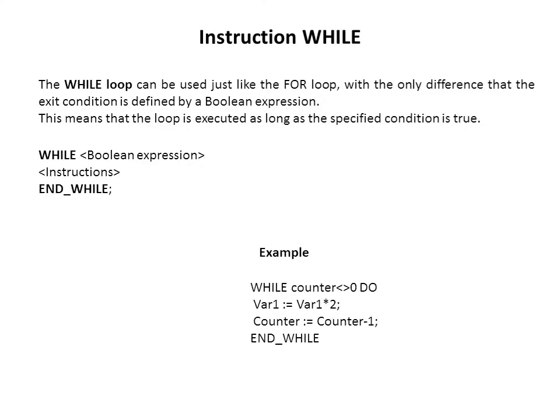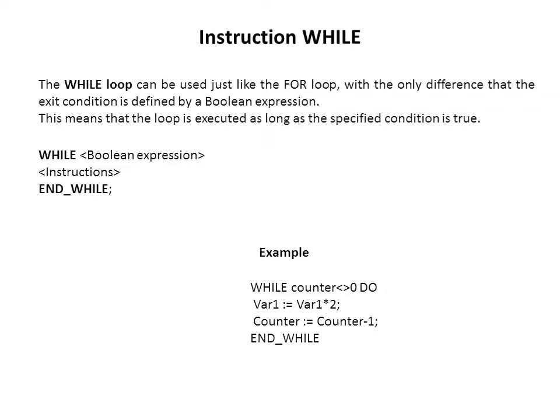So, an example. In this example, we see that in general the WHILE and REPEAT loops are more powerful than FOR because they do not require a predetermined number of iterations. In many cases, you can make do with just these two types of cycles.